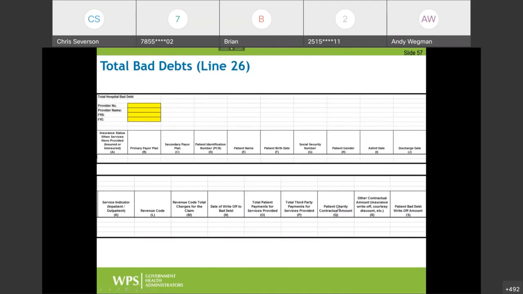So this doesn't necessarily have to tie to your charity care listing from this year. There might be a string of charity care amounts that have been written off for that person, for that claim. We're just trying to figure out of these charity care charges, how much is reasonably left as a bad debt write-off amount. That's the point here.